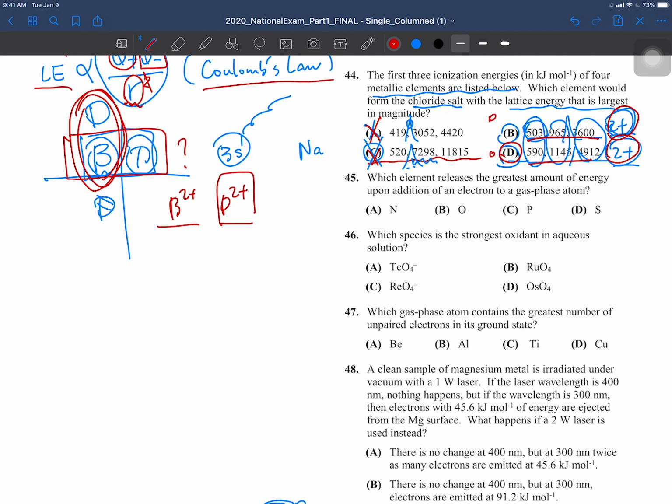So this is one of the typical exceptions in periodic trends. This was assessed before, maybe in the local or national exam one year, I forgot. This year, it slightly changed from the comparison between fluorine and chlorine into oxygen and sulfur. But it is the same strategy. So oxygen is small in size. So this is why sulfur releases the greatest amount of energy.